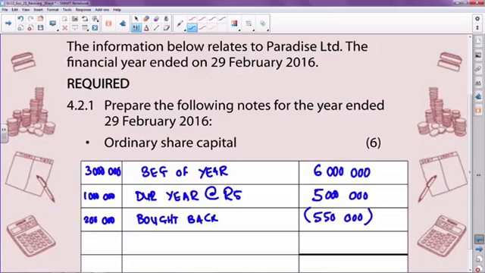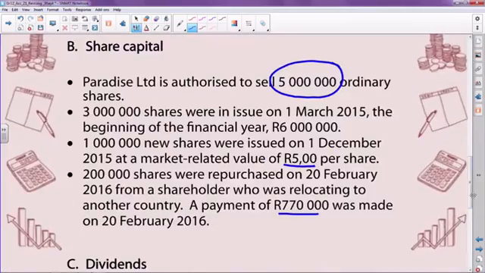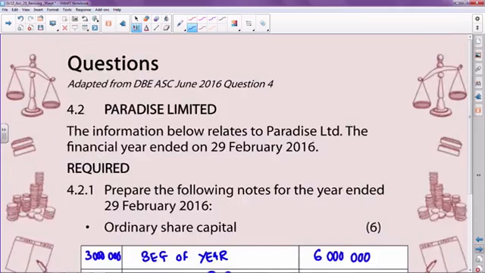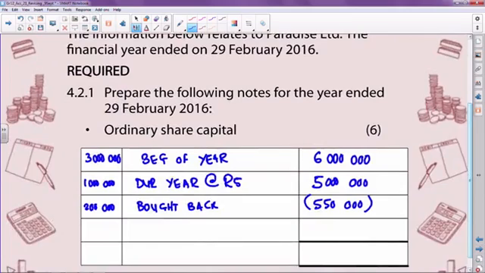The question told you that you had repurchased these shares for 770,000 Rand. That is your bank figure. That is not the figure that you use in your ordinary share capital. In your ordinary share capital, you use your average, which is determined from the Rand value and the number of shares.